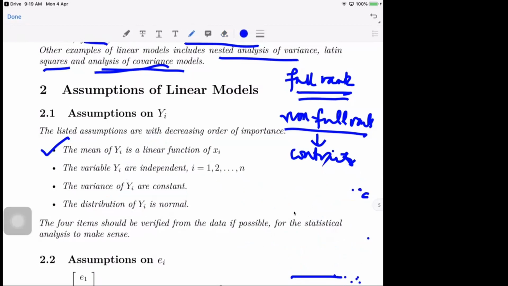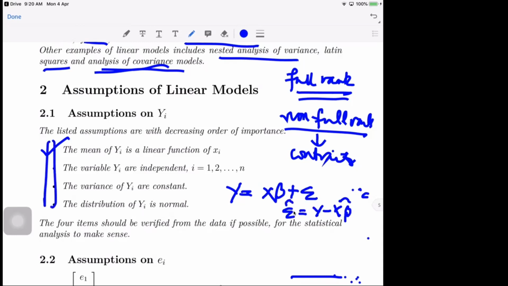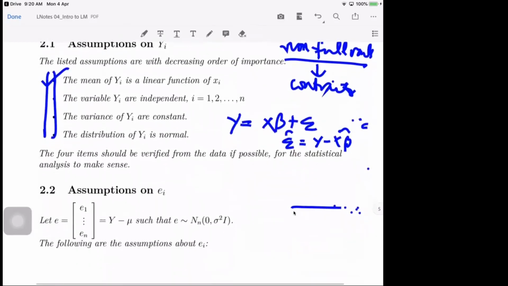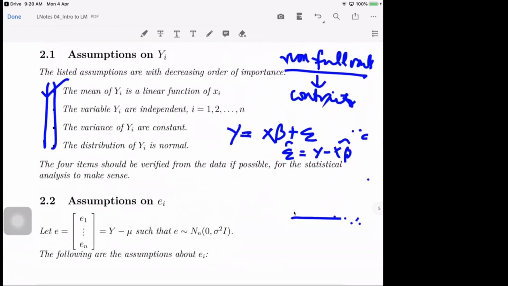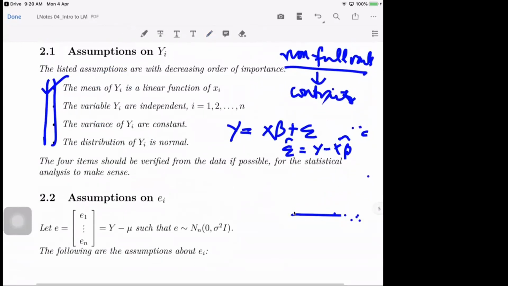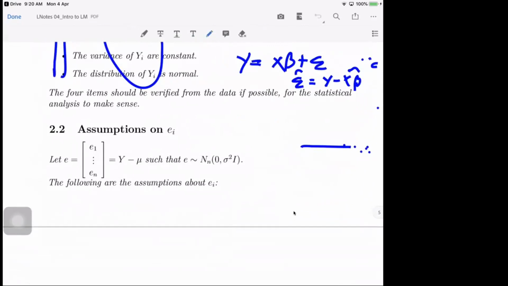If you look at the model, y is equal to x beta, which is your mu, plus epsilon. The error term is equal to y minus x beta, which is the estimate there. So the assumptions on the y's can be related to the assumptions on e.